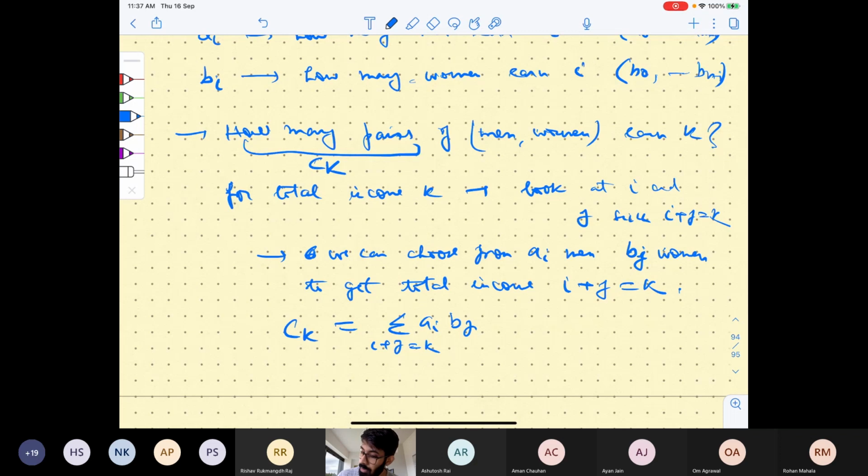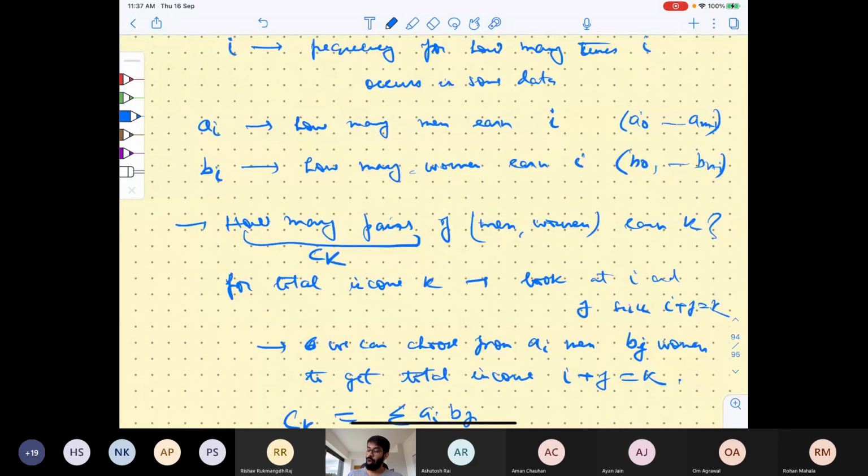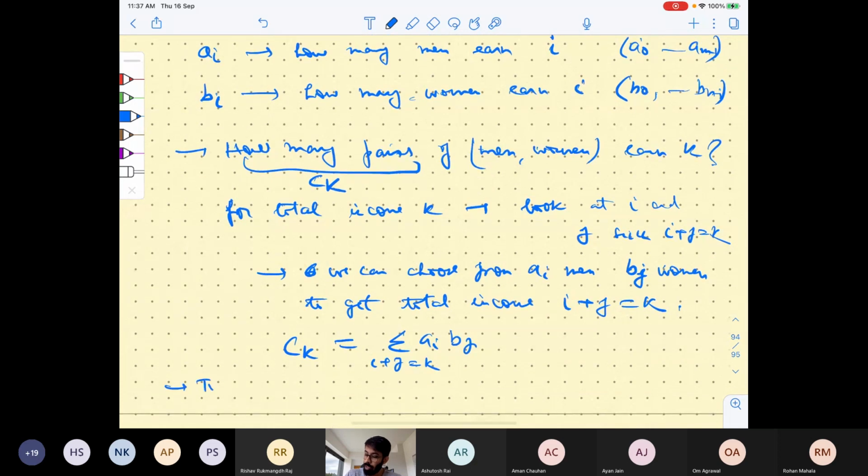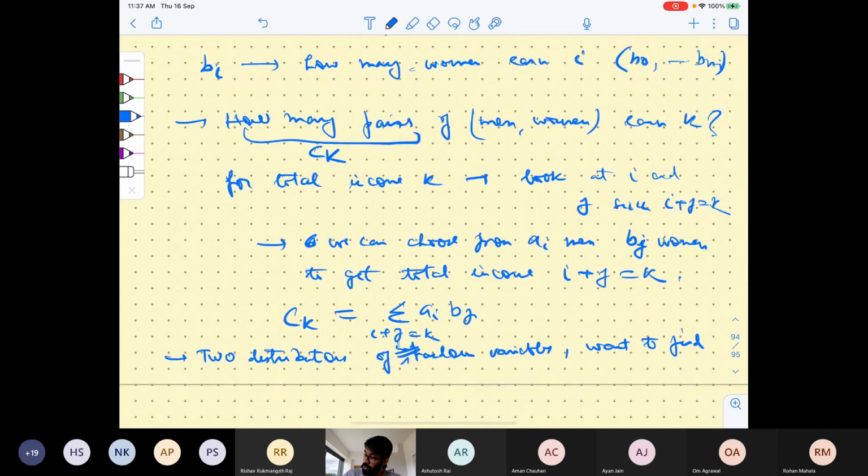And this might seem like, okay, why do we want to compute the number of pairs of men and women such that the sum comes out to be K. But if you look at it in terms of random variables, then it makes a lot of sense. Suppose you have two distributions of independent random variables, and want to find the distribution for their sum.